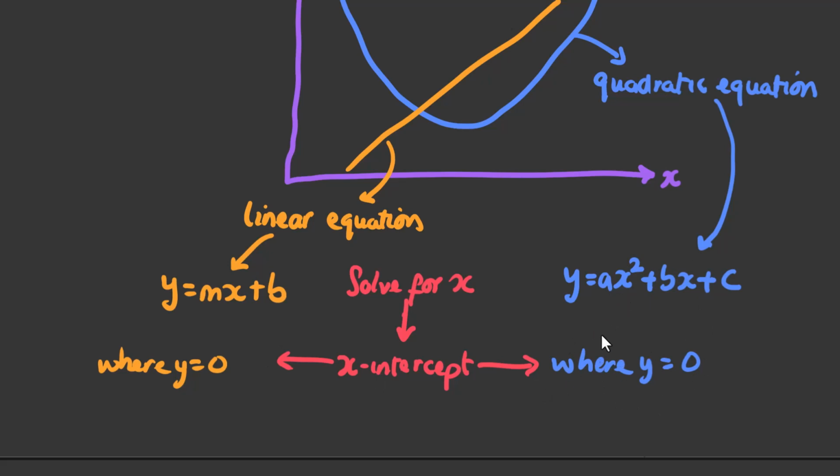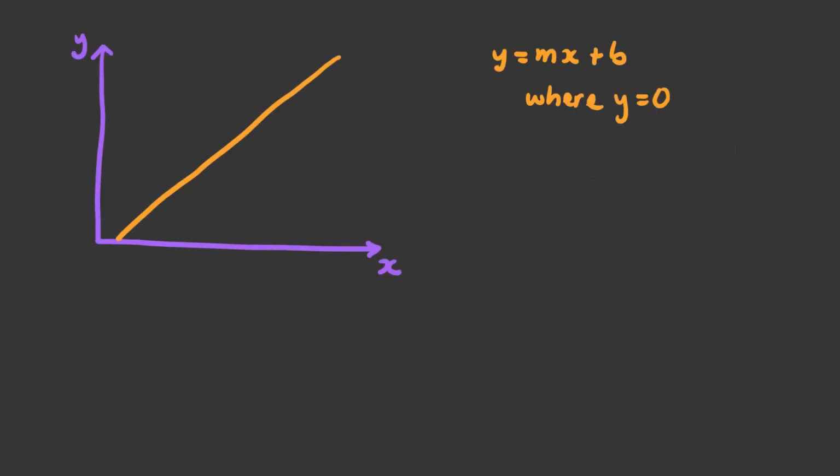So let's begin. This is rewritten as 0 equals mx plus b.